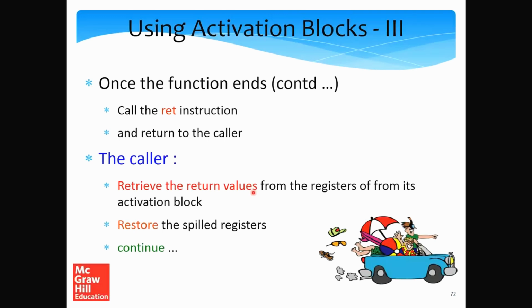If there is one large return value or many return values, where are they written? They are typically written into registers or in the activation block of the caller function. Since we assume caller saved registers, we restore the spilled registers and we continue.